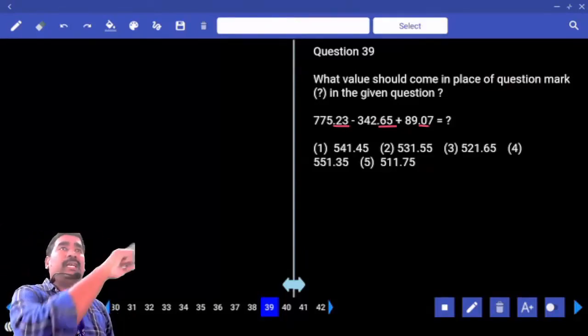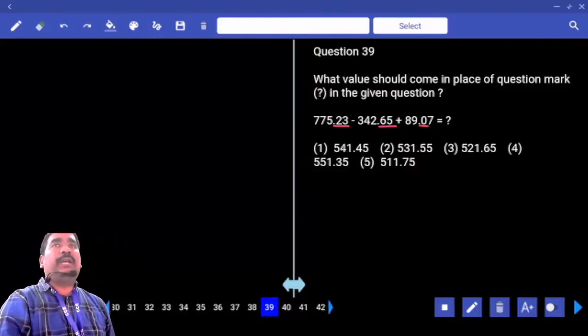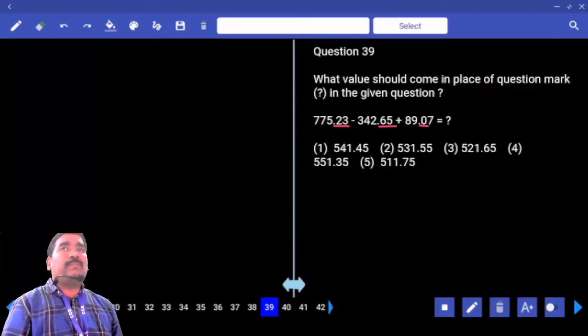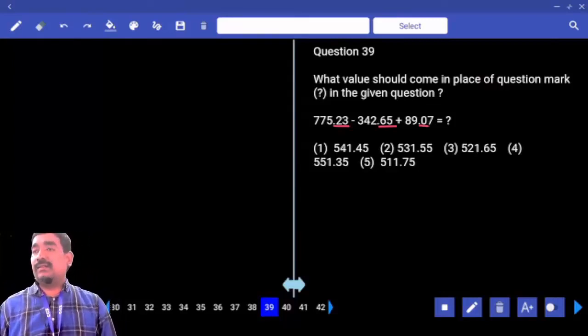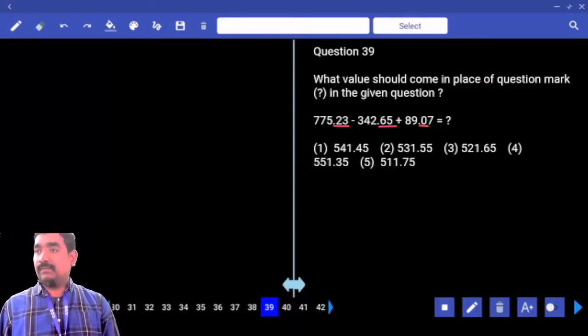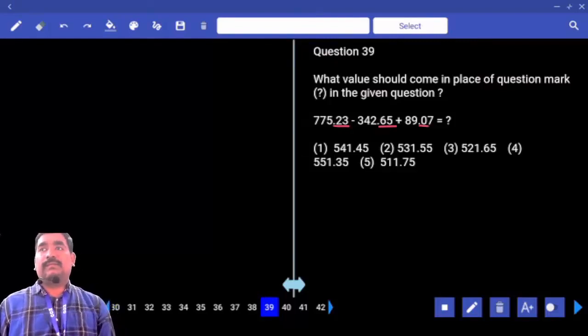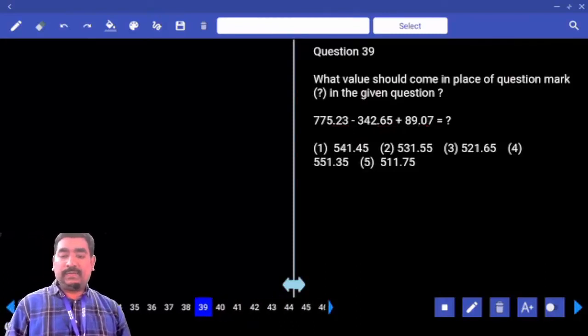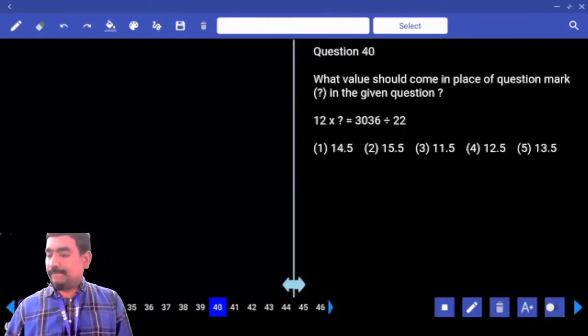Negative value, so carry 1. 1 minus 0.35 means 0.65 or not? Answer ends with 0.65. How many options? That's your answer. Third option.